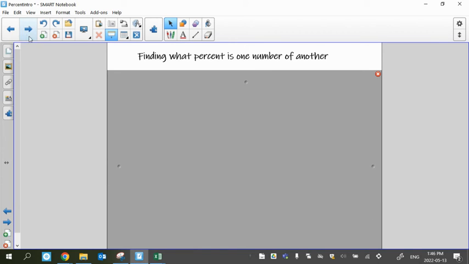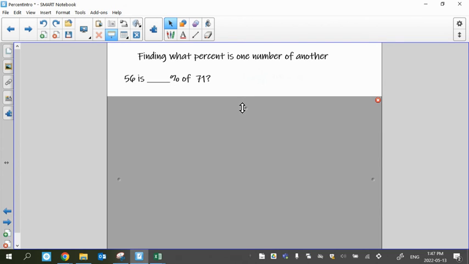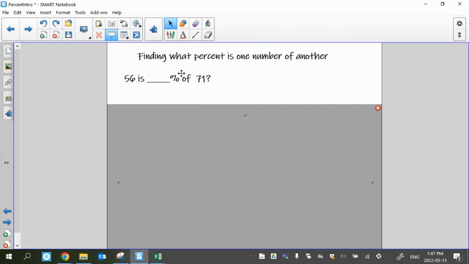The third type of problem that we are going to find is when we know two numbers and we're trying to determine what percent one number is of the other. Something like this. 56 is what percent of 71? So in this case, we can think that 71 is 100%, and we multiplied it by something to arrive at 56.